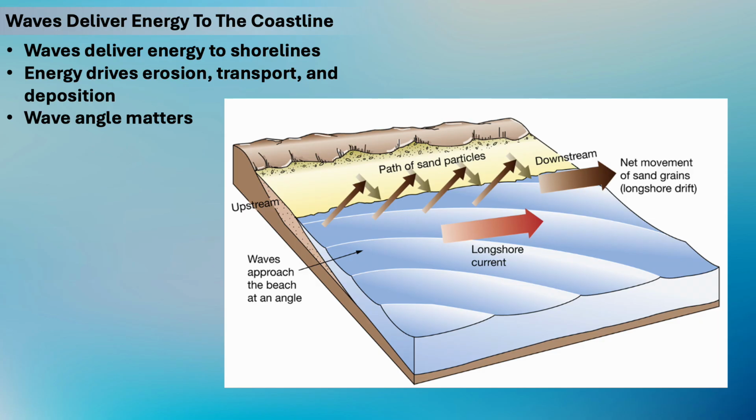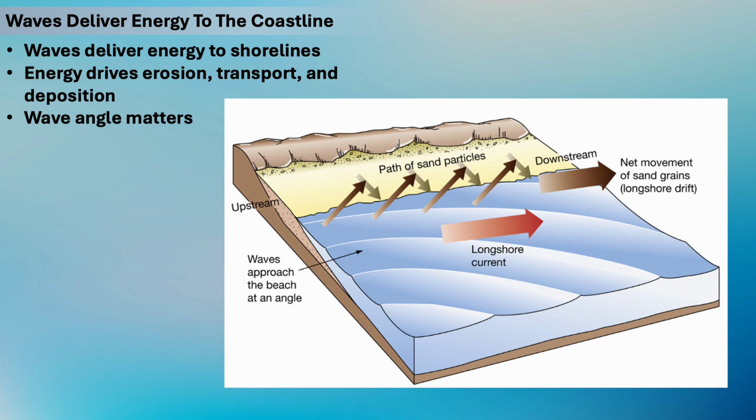The angle at which waves approach the shoreline is especially important. When waves arrive straight on, their energy is distributed symmetrically, and sediment movement tends to be primarily onshore and offshore.